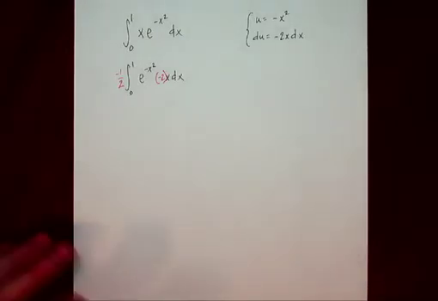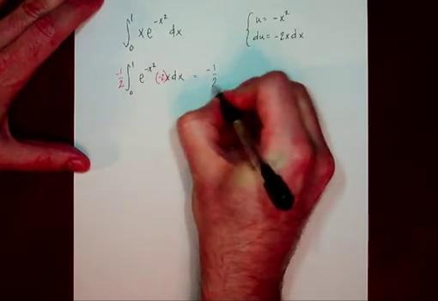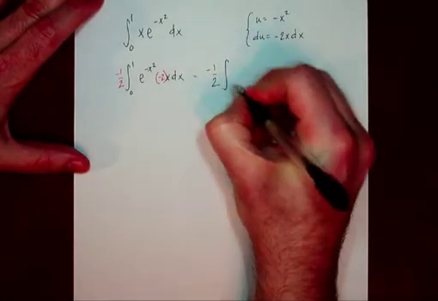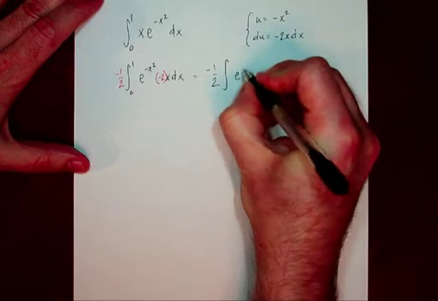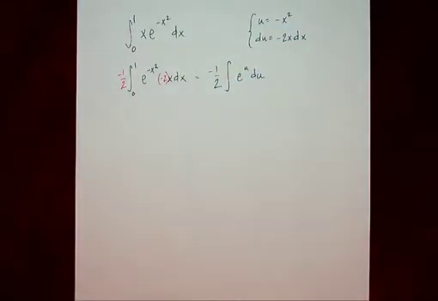Now, once I've done that, I recognize the fact that this has been transformed into e to the u du. The problem is, of course, like I said in the last one, my limits of integration were in terms of x. Now they need to be in terms of u.